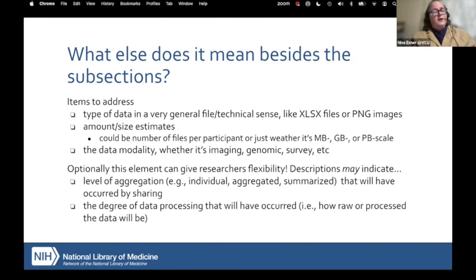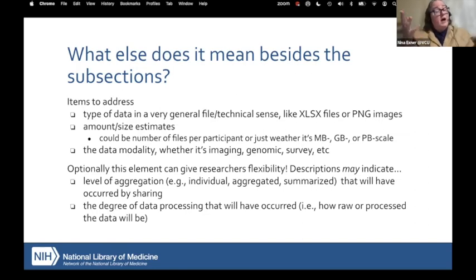But there are parts of this element that may be addressed that can also give researchers some flexibility. So in describing the data to be collected, the data to be shared, and the metadata, descriptions may indicate the level of aggregation that will be occurring.